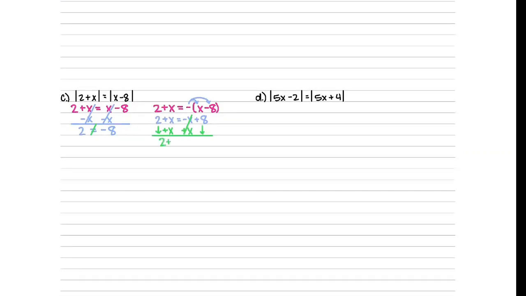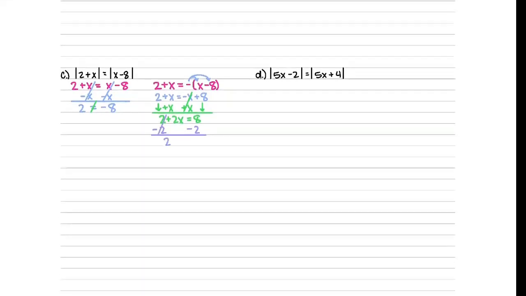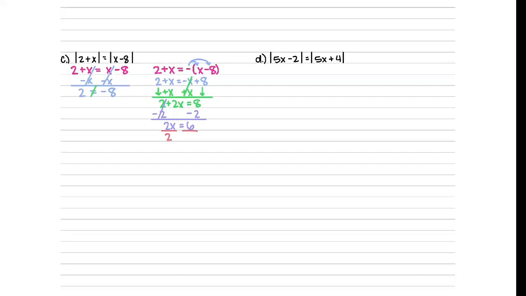I then just subtract the 2 from each side. This is leaving me with 2x is equal to 6. I divide each side by the 2. So x is 3. So my only answer for this one is x is equal to 3.